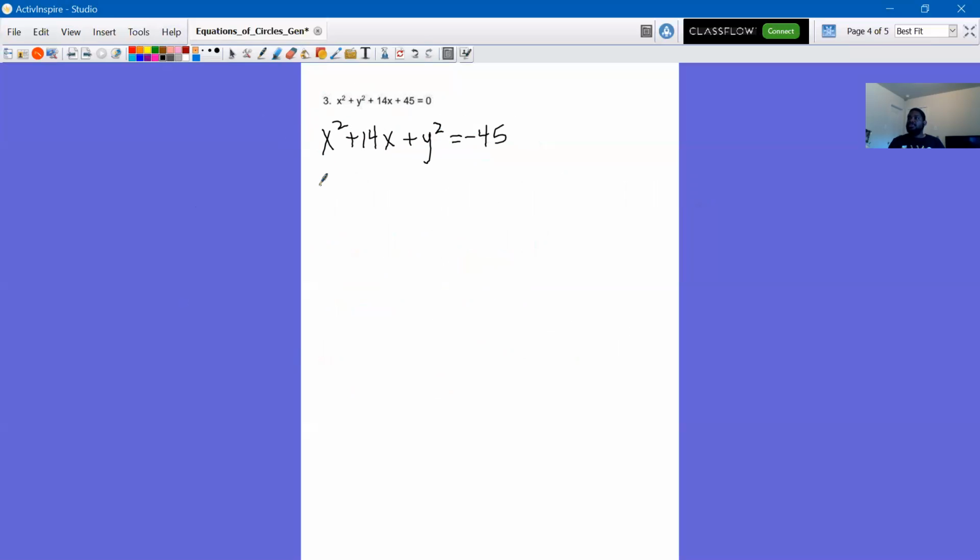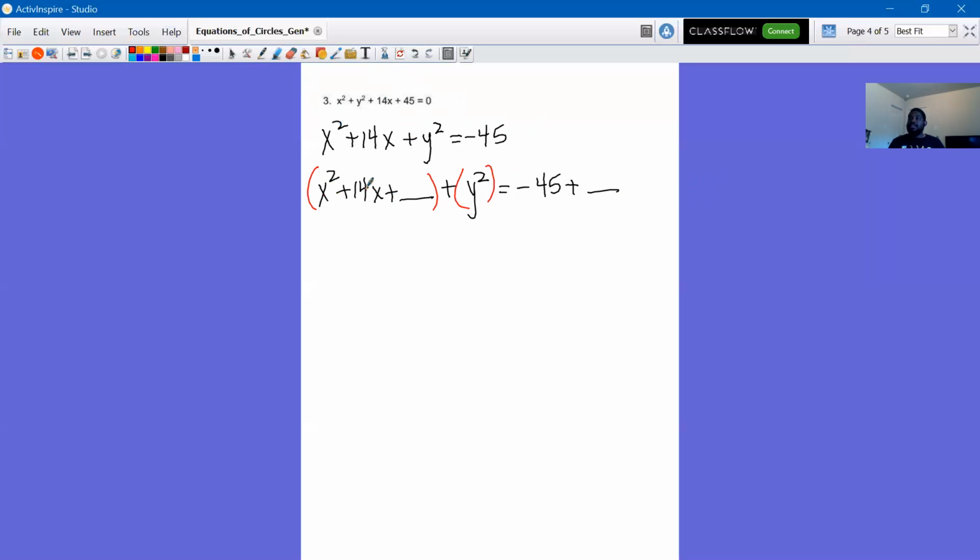And then we're going to write our blanks in. Now notice with the y squared term, there were no other y terms here, so we really didn't need a blank for that, but we're still going to group it.